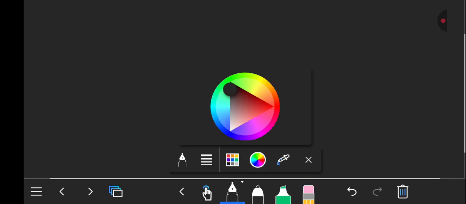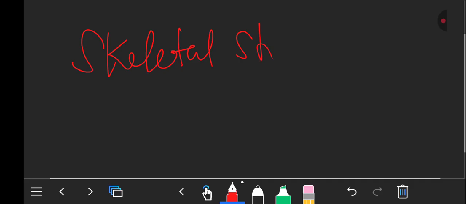So we know that the skeletal structure is the widely recognized way of representing organic compounds.